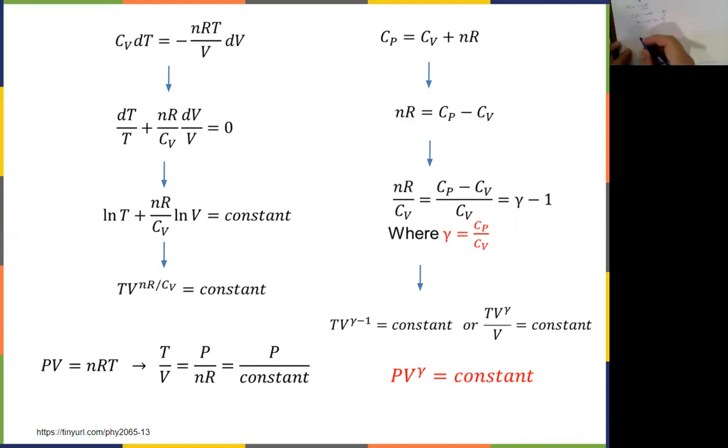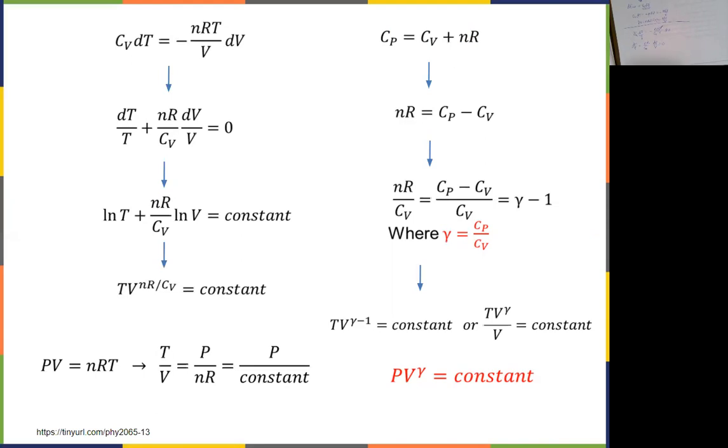Starting from CV dT equals minus nRT over V dV, you move T to this side, so that goes down there, and put this on the other end. Move CV down here, and rearrange the terms so you have dT over T plus nR over CV times dV over V equal to 0.